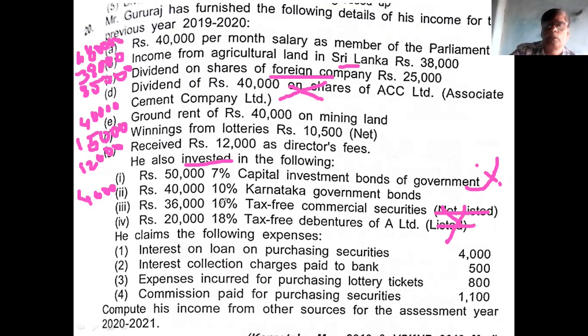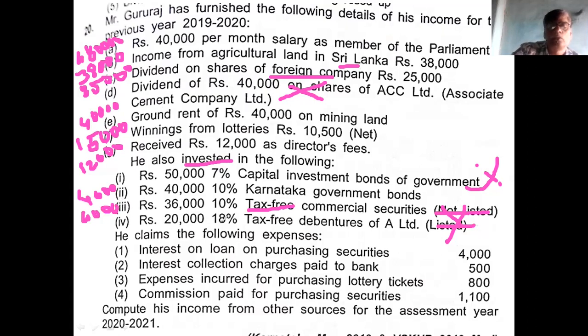36,000 into 10%, 3,600. But it is tax-free. Therefore, you have to gross up. 36,000 into 10 divided by 90. Its answer is 4,000. Third point.